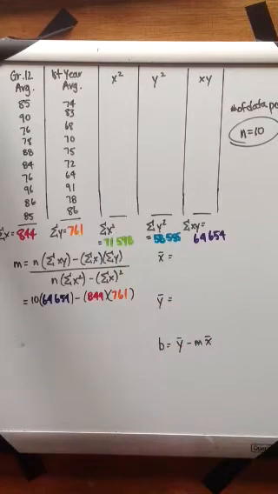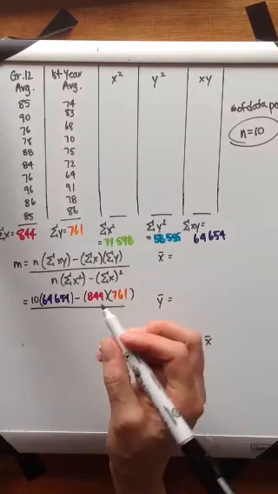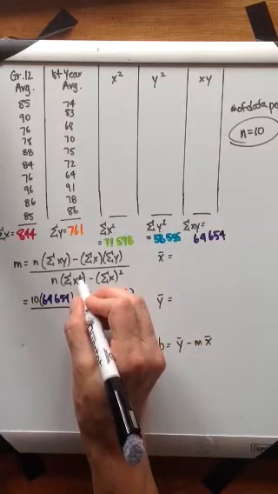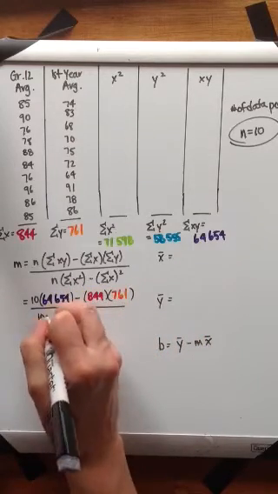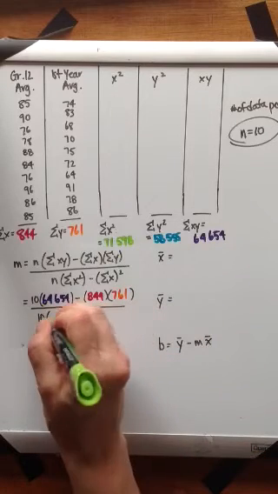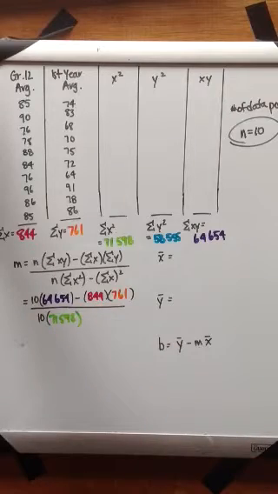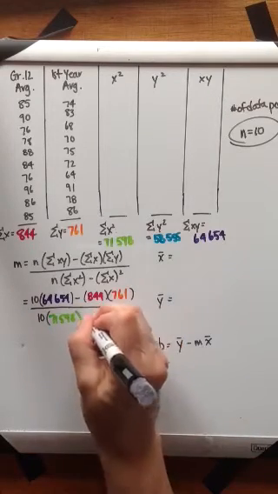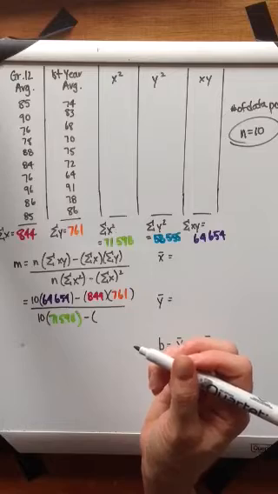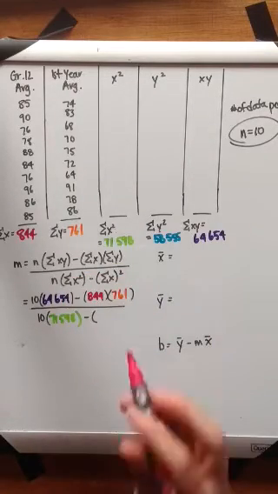And then on the bottom, we have the sum of the x squareds times the number of data points, so 10 times our green value here. And from that we subtract the sum of the x's quantity squared. That's our pink value.